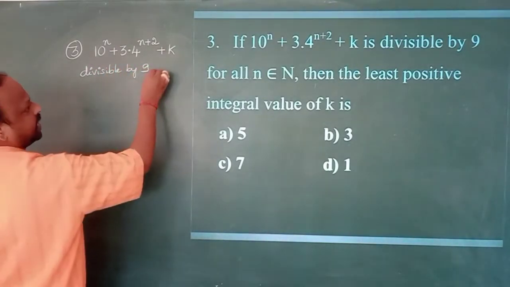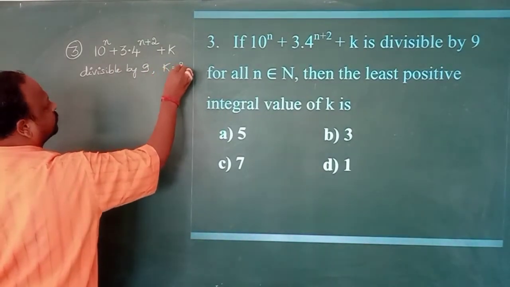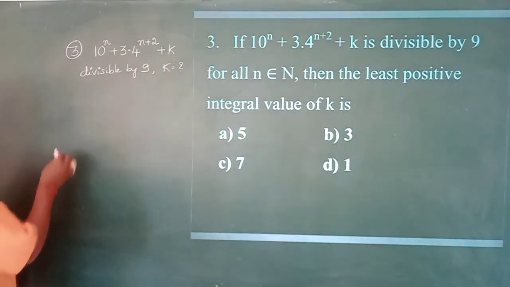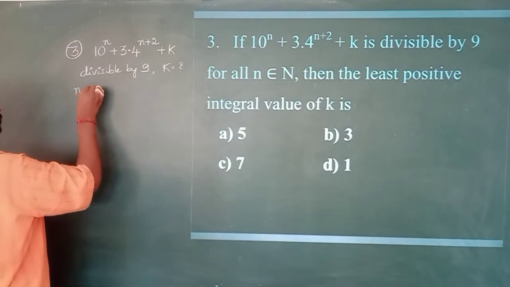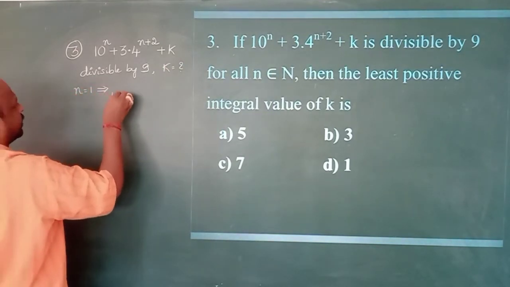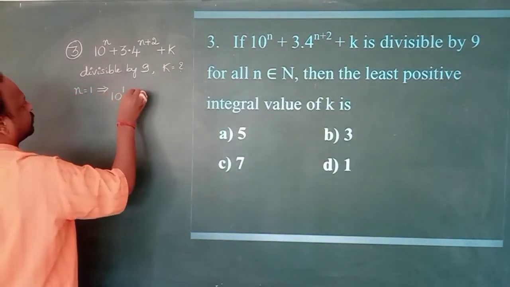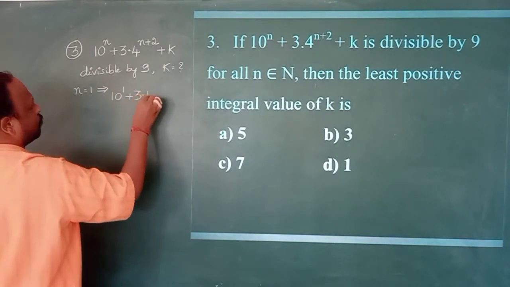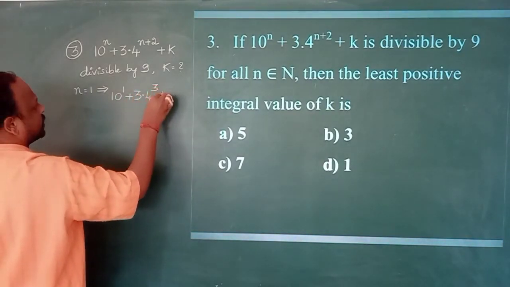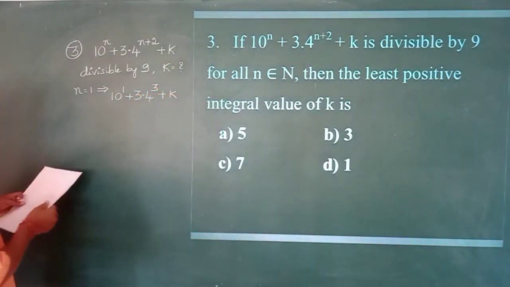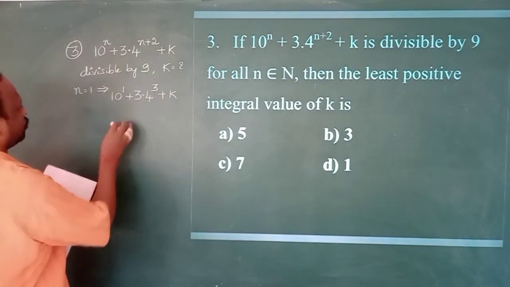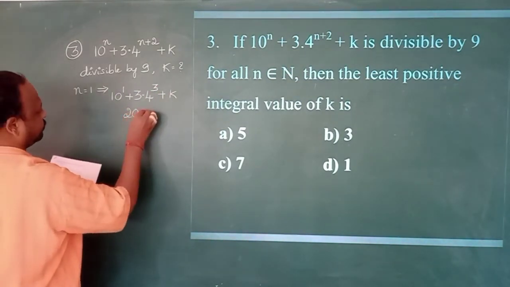They are asking the k value. Let us take n is equal to 1. So you will get 10 power 1 plus 3 into 4 cube plus k. So this will be 202 plus k.